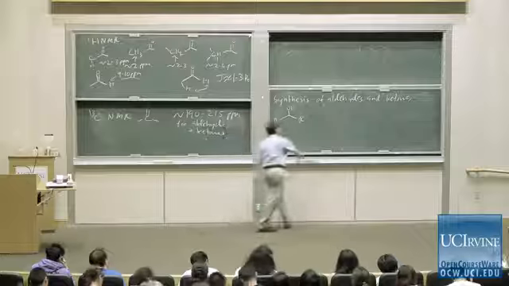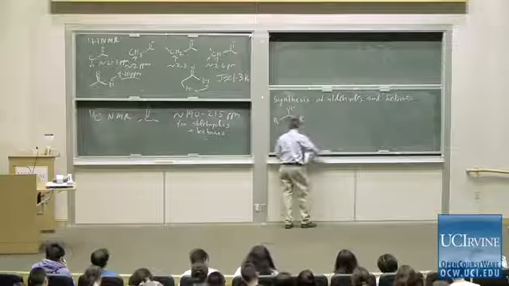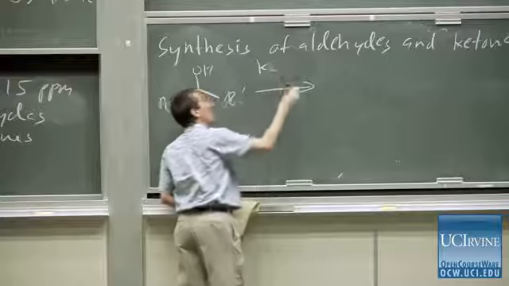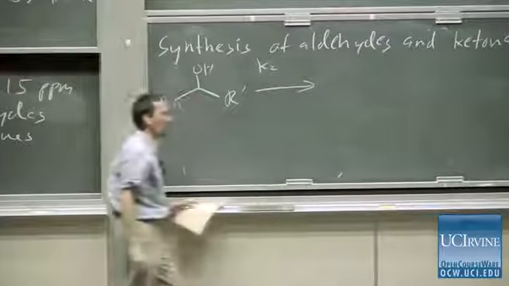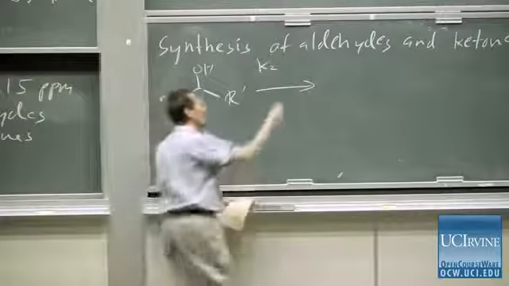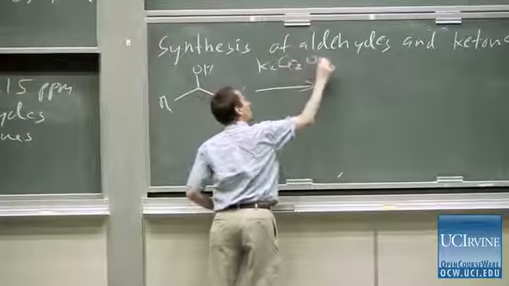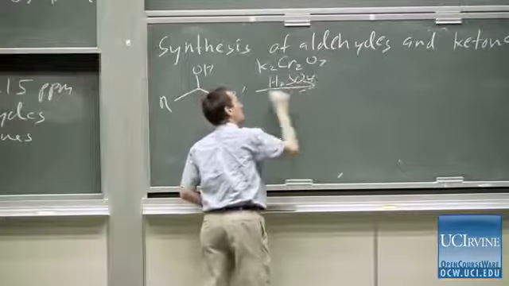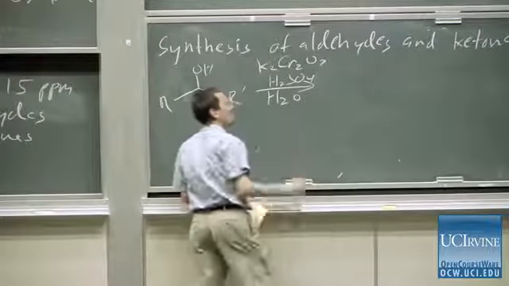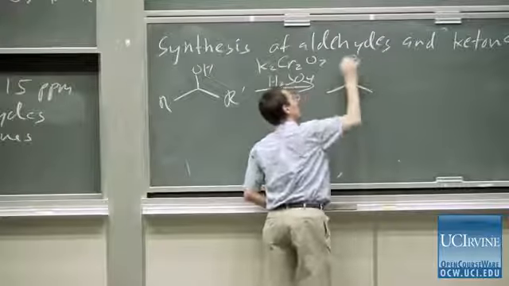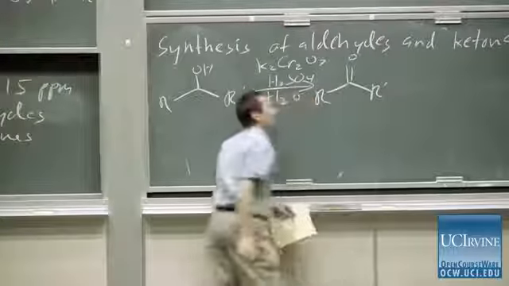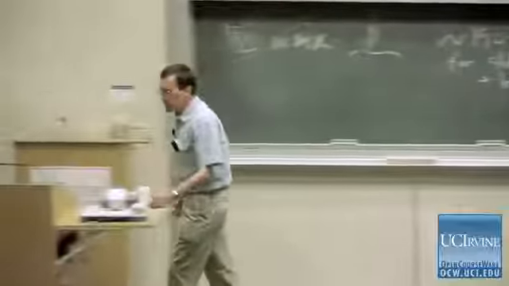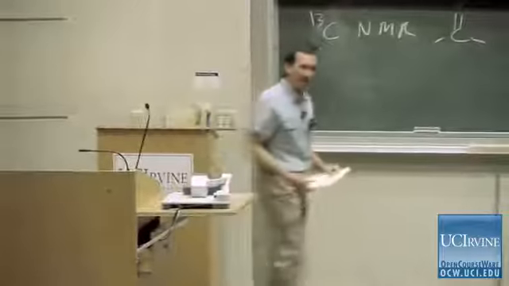A general and indeed old-fashioned and somewhat toxic and carcinogenic recipe for oxidizing secondary alcohols to ketones is to take potassium dichromate or sodium dichromate and sulfuric acid in water, sometimes called Jones's reagent, and that is a general oxidizing agent to oxidize a secondary alcohol to a ketone. Your textbook introduced you to the concept of selectivity.